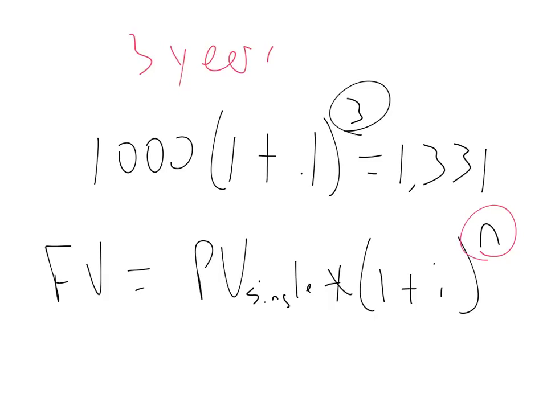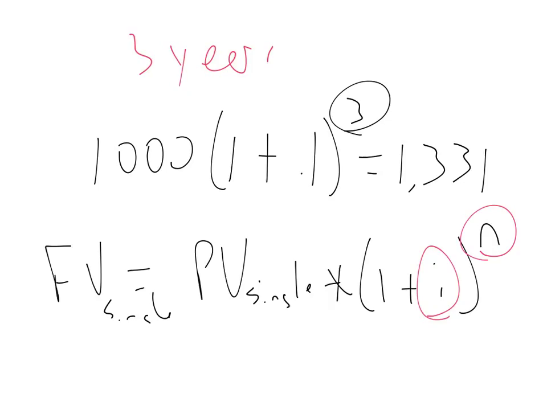So the future value of a single amount is equal to the amount we invest, the amount we put in the bank, multiplied by 1 plus the rate of interest earned to the nth power.